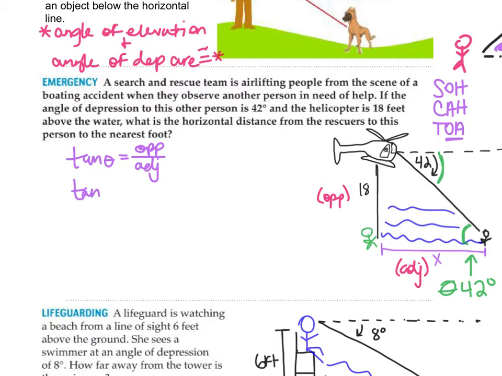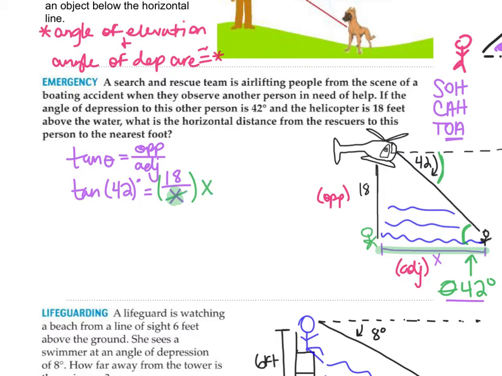Tangent of theta, remember theta is my 42 degree angle, is going to equal the opposite, 18, over the adjacent, x. We're wanting to find x, or that distance from the rescuer to the person in trouble. So we need to get x by itself. We need to isolate it.